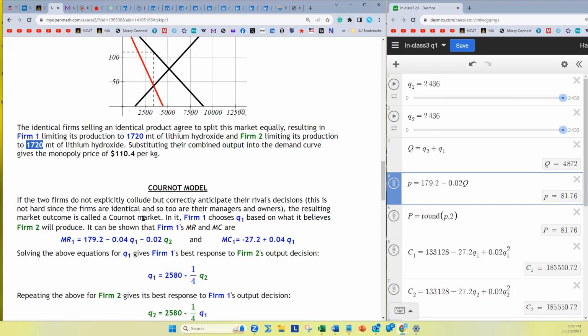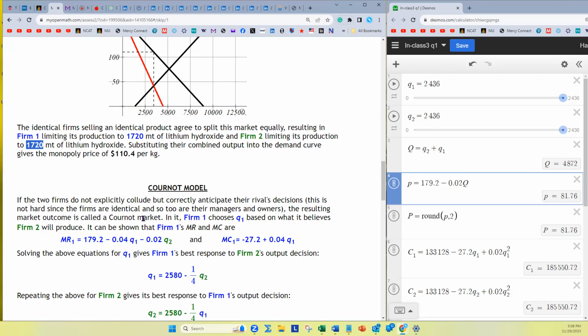A gas station owner can drive around the community and see the prices that his or her competitors are charging the consumers. So it's not like this information is hidden. Because these firms are identical and their managers and owners are assumed to be identical, it's not much of a stretch to understand how they can correctly anticipate what the rivals are doing. The resulting market outcome is called a Cournot market.